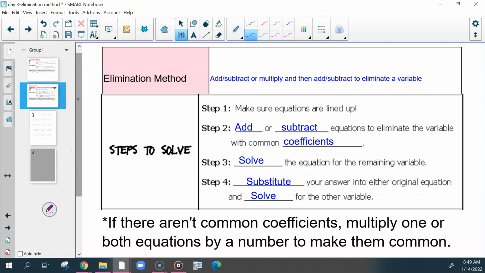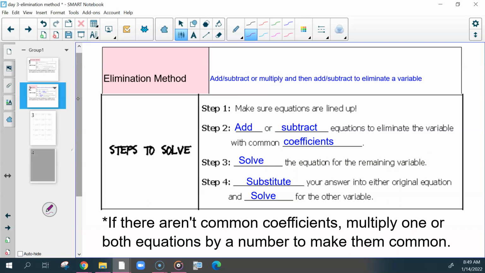Step 3, solve the equation for the remaining variable. Step 4, substitute your answer into either original equation and solve for the other variable. And then if there aren't common coefficients, multiply one or both equations by a number to make them common. And some of you started working on the Khan Academy already, so you have an idea as to how to do this.